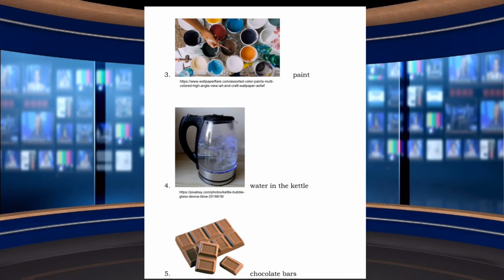Ano mangyayari sa pintura kapag nilagay mo sa exposed sa araw o sa apoy? Number 4, water in the kettle. Ano mangyayari sa tubig sa takore kapag ito ay na-expose sa init o sa araw? And last, number 5, chocolate bars. Ano ang mangyayari sa chocolate kapag nilagay mo sa init ng araw o sa apoy?